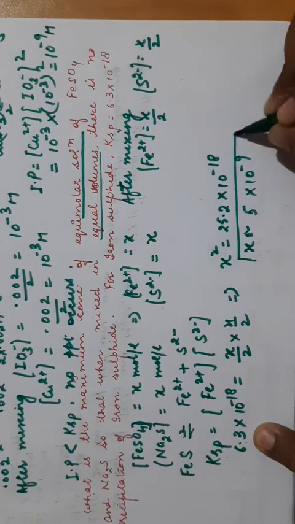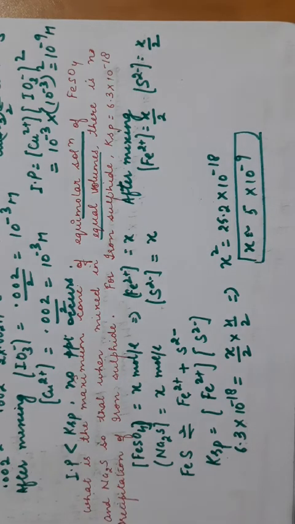So this is the maximum concentration that can be present in the salt so that no precipitation will take place.